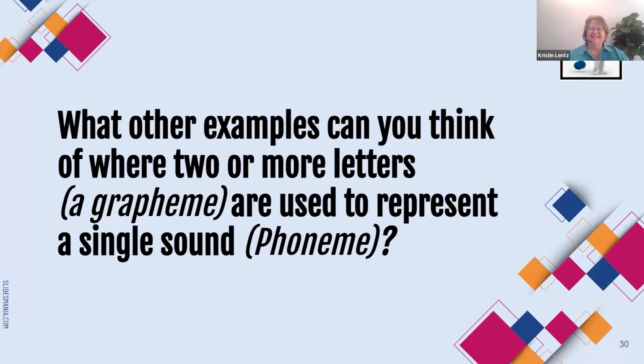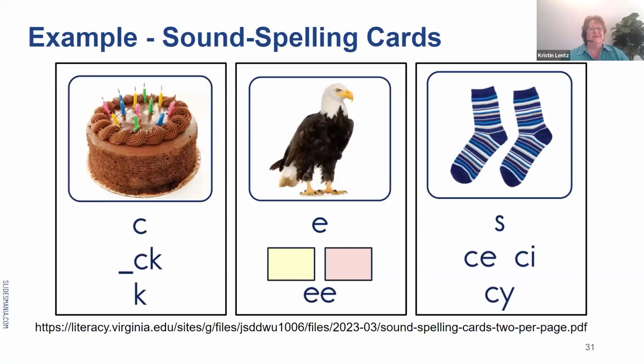Ronnie? Folks put vowel teams, WR. Very good. I see some of you were putting them in the chat, and that is fabulous. Yes, and those are two. So silent letters, vowel teams, and we're going to look at some other examples too.